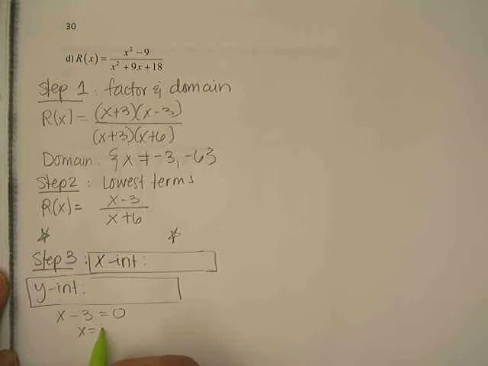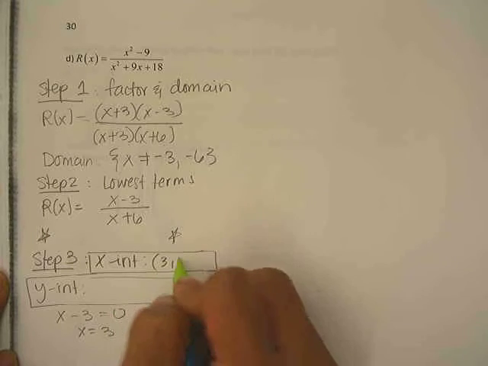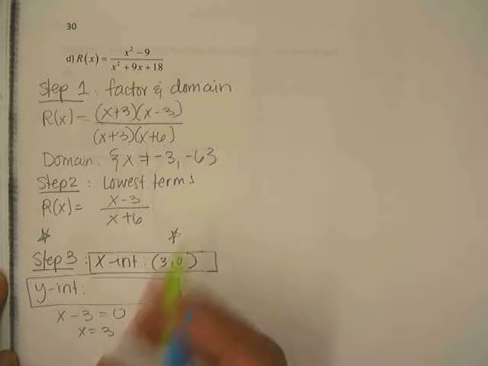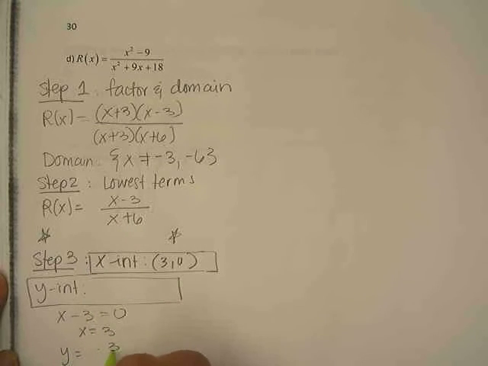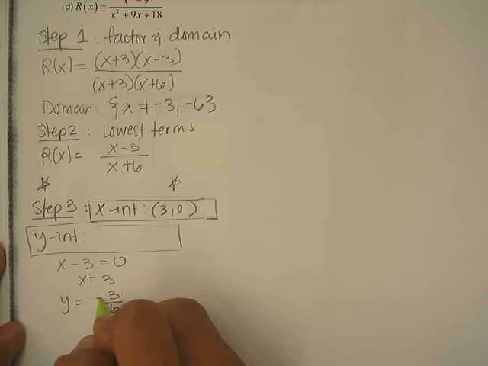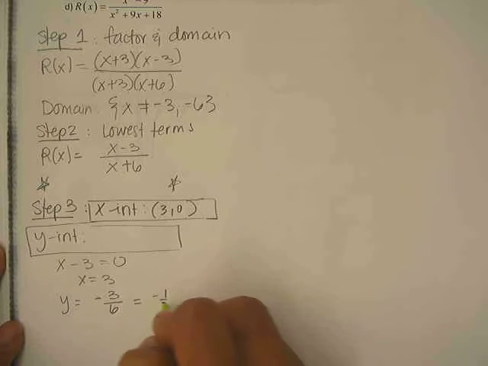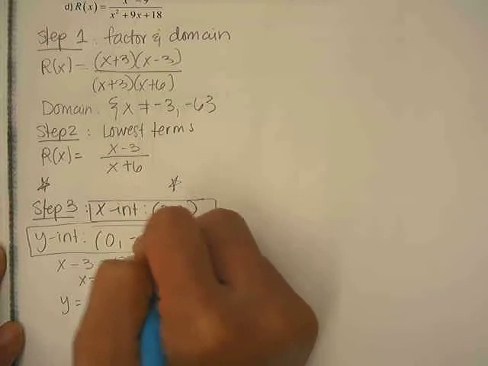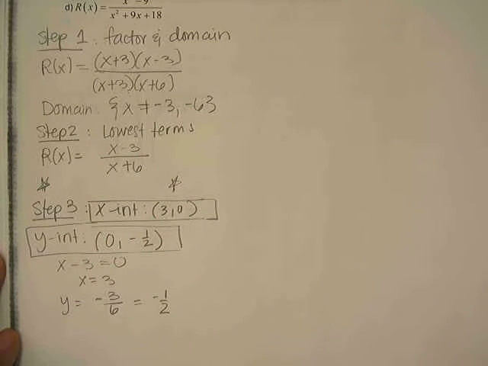So the x-intercept is at positive 3, so 3 comma 0. The y-intercept is when x is 0. So y equals -3 over 6. Reduce that down, it's going to be -1/2. So that's my y-intercept: 0 comma -1/2.